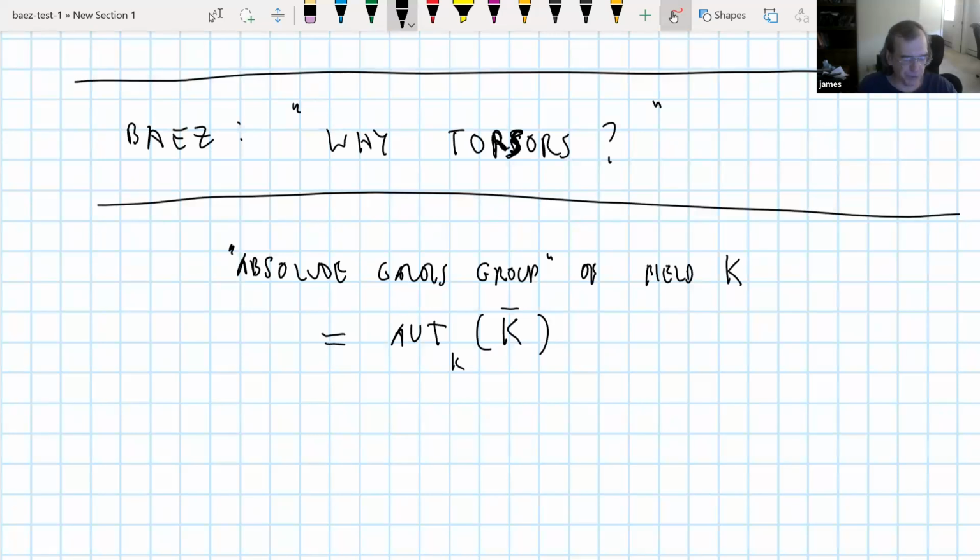Whereas if you're just studying some particular Z mod 3 torsor over the rationals, which is one of the things I sometimes do, then like we said, you're not dealing with that whole gigantic thing.